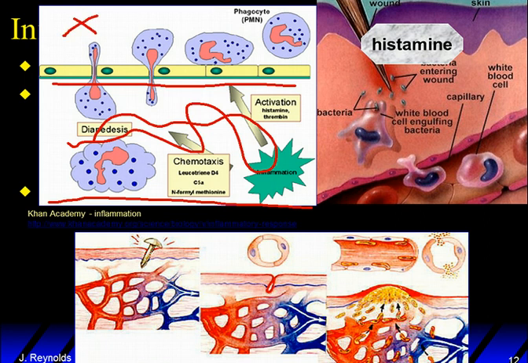So what's going to happen is in between these squamous cells, remember, capillaries, squamous cells right there, they have gaps. You can see one right there where the cells meet. Histamine increases the gap size between the cells. So the cells are not as tightly touching each other. In other words, increased vessel permeability.